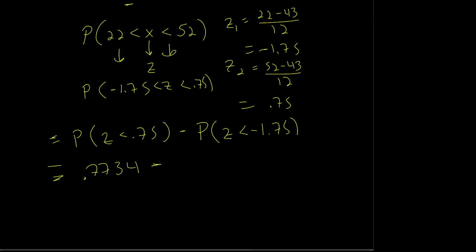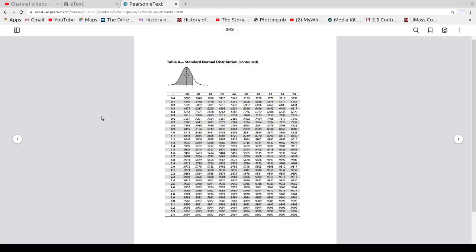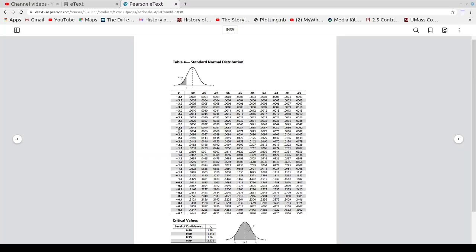Now I'm going to look up the lower end probability, negative 1.75. So I have to come to my negative table. And so negative 1.75 is 0.0401.